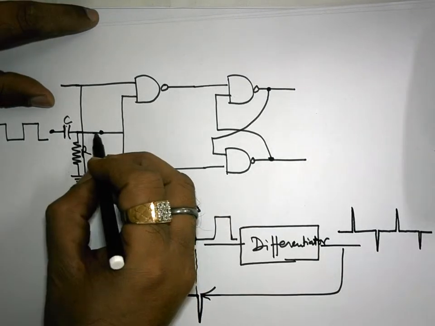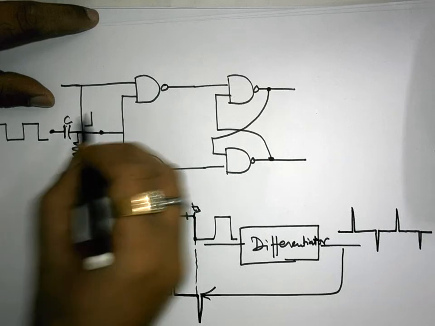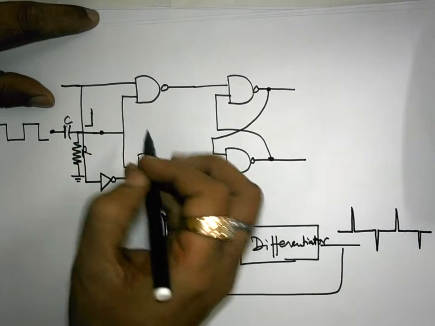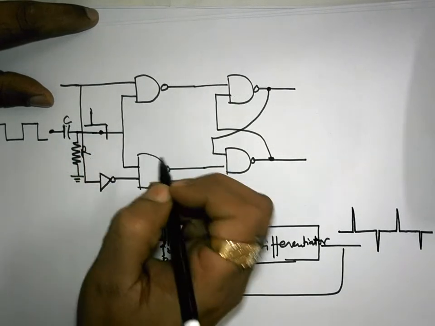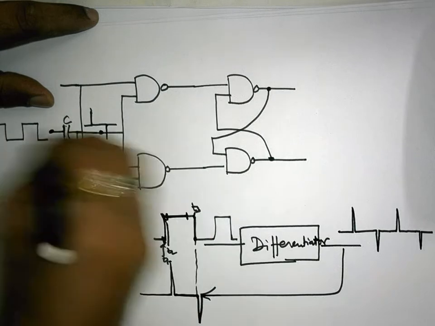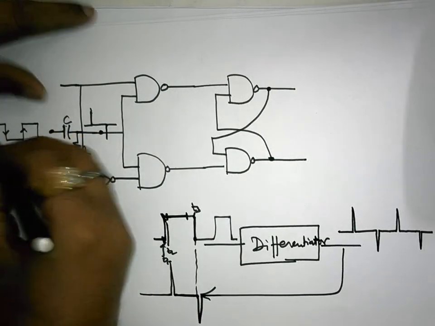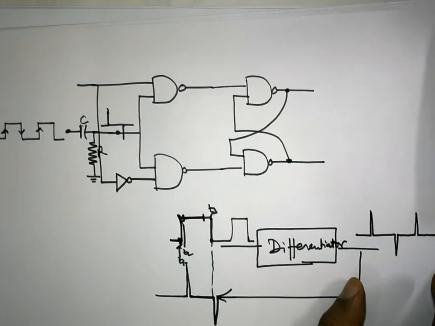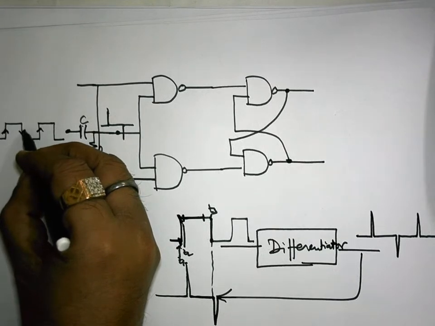So at the output, what appears? At the rising edge we get this positive spike, and at the falling edge we get this negative spike. The arrowhead pointing upward indicates the rising edge of the clock, and the arrowhead pointing downward indicates the falling edge.